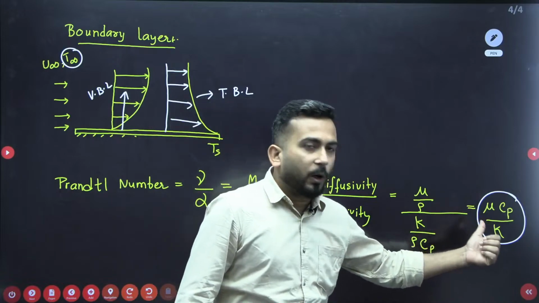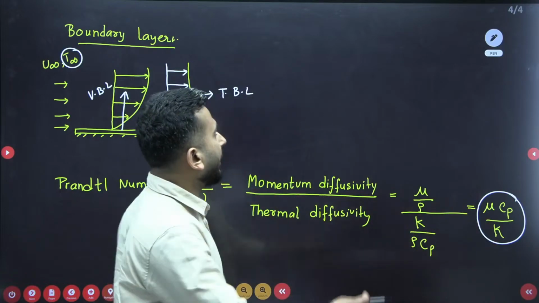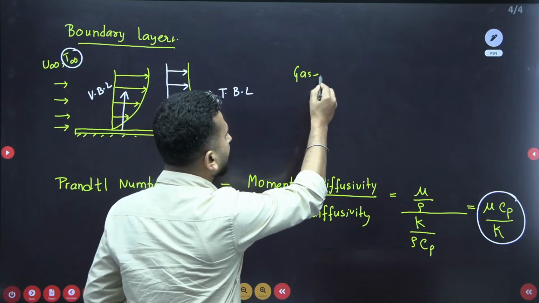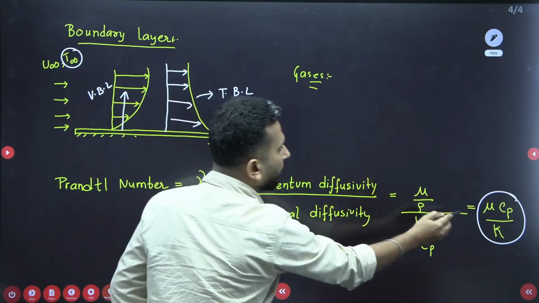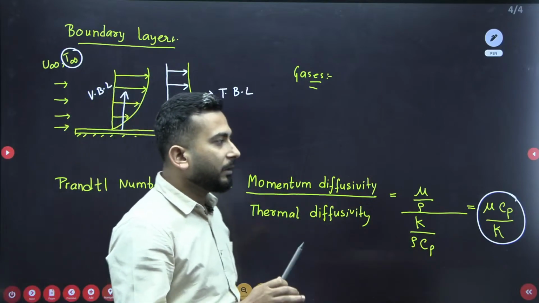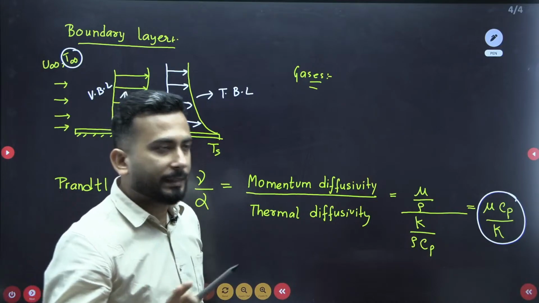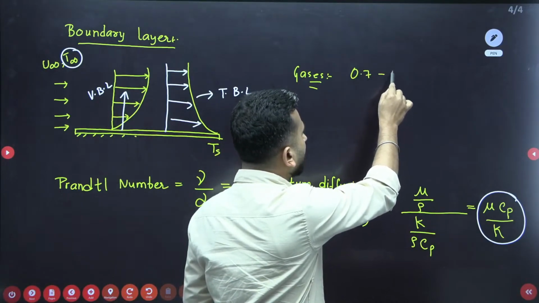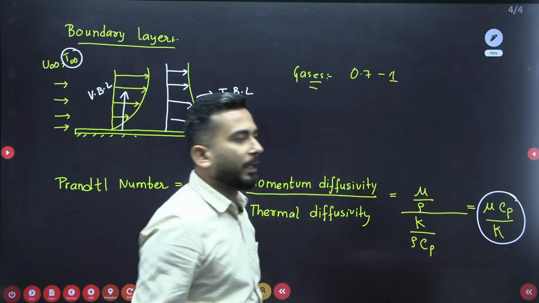Now for gases, for example air, the numerator and the denominator values more or less come out to be the same, and that is why the Prandtl number is between 0.7 and 1.